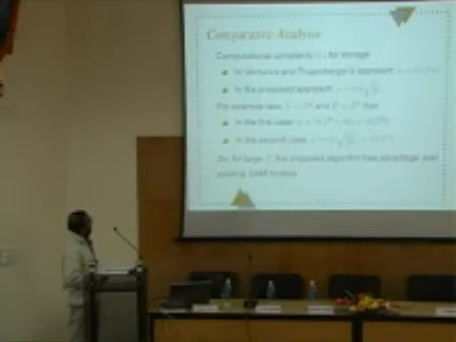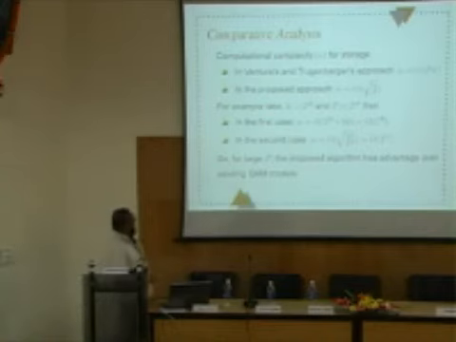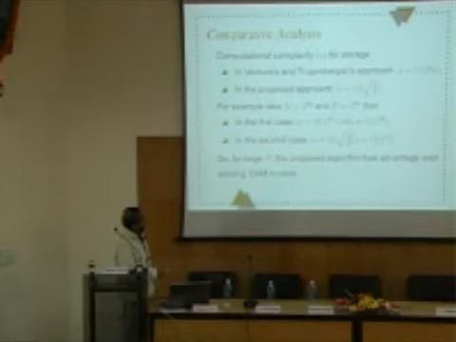For example, if n is 2 to the power 64 and p is 2 to the power 30, then in the first case the computation is of order 2 to the power 38, whereas using a simple approach, I am not saying that we have done something very big, this is simply preliminary work, and still you see that the order is much less here.